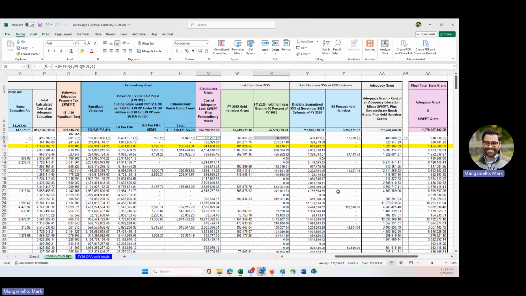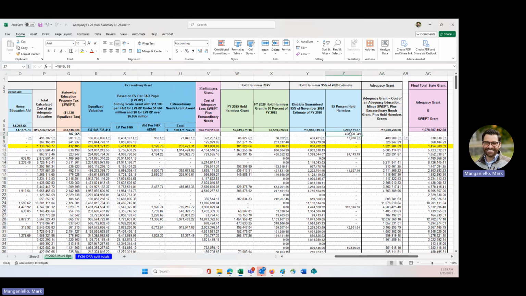So they need 408K to get them up to 95% of this. So if we do 95% of this, we'd get that 408K number. So they need at least 408K. So they need an additional $17,000 in hold harmless to bring them up to the guaranteed 95% estimate.